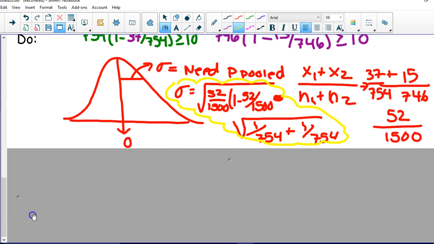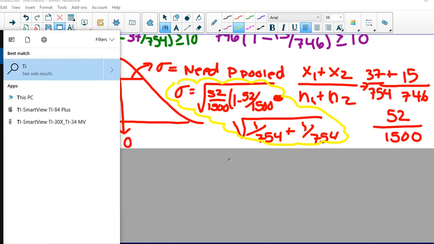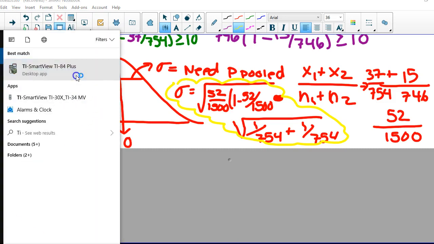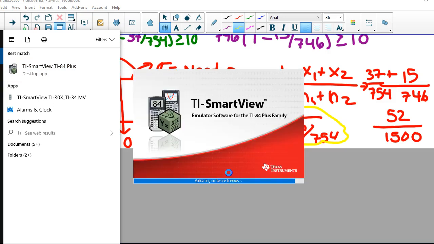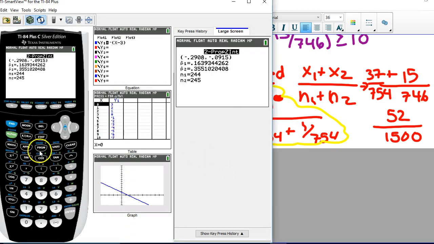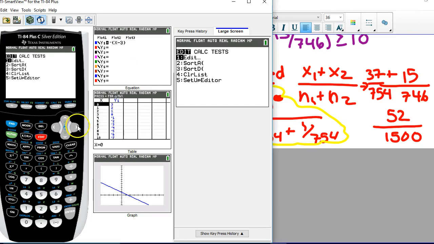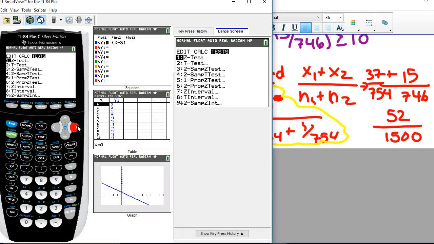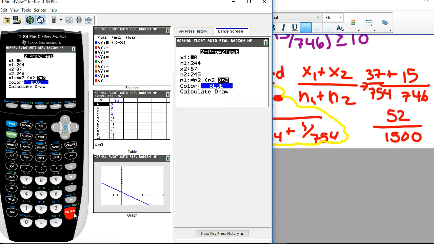I'm going to go to search. And I'm going to go to stat, and I'm going to arrow over to test, and I'm going to go to 2 proportion z-test. Again, not the 2-sample, don't come to me tomorrow. 2 proportion z-test, I'm going to hit enter.